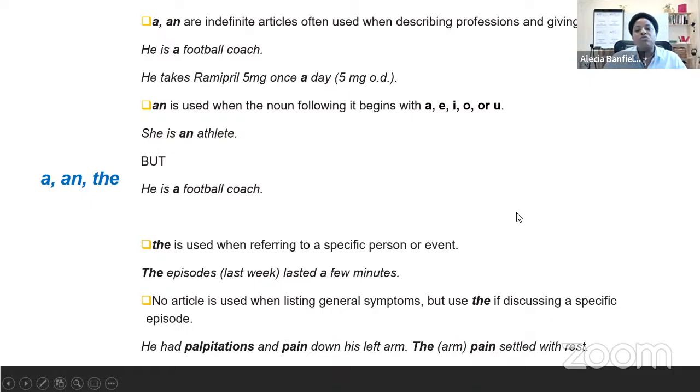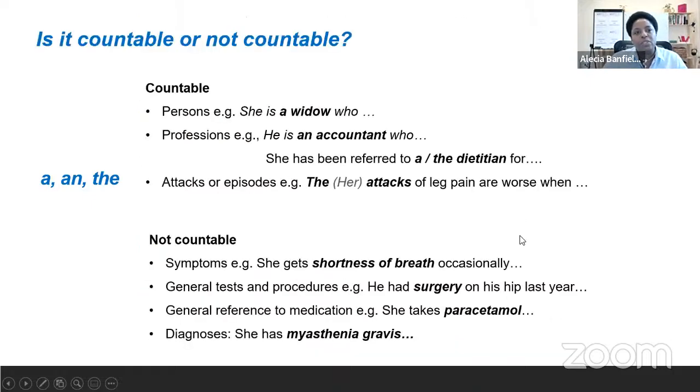Right? So these are just some random examples. But in thinking about whether to put in an article or not, there are two other tips that can help you if you're not sure. One is, is the noun or the thing that you're referring to countable or not countable? Can you go 1, 2, 3, 4, 5 or not?